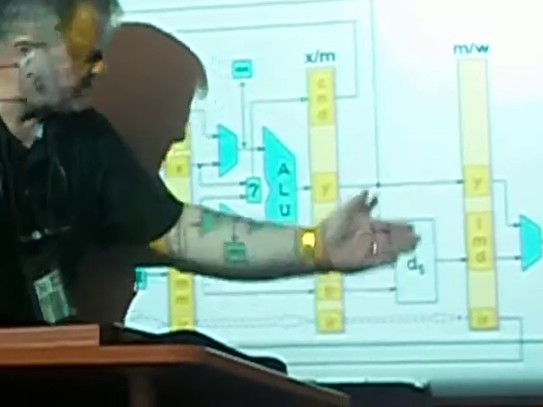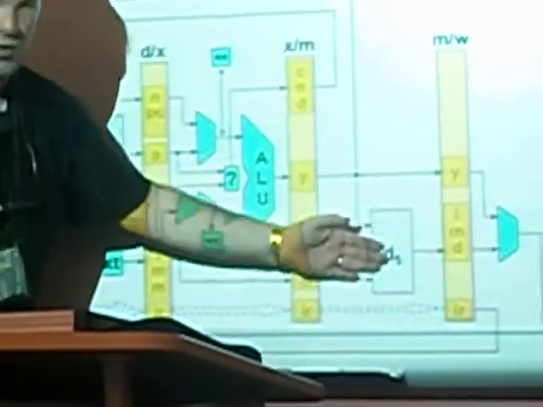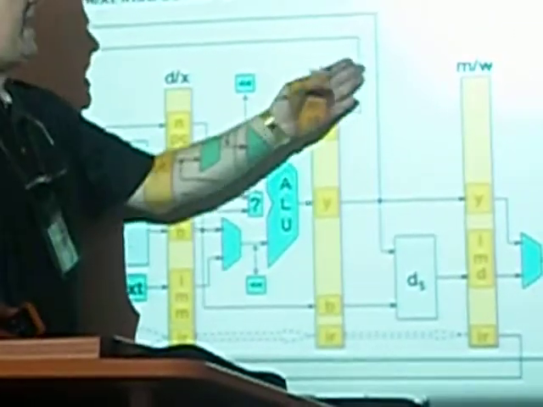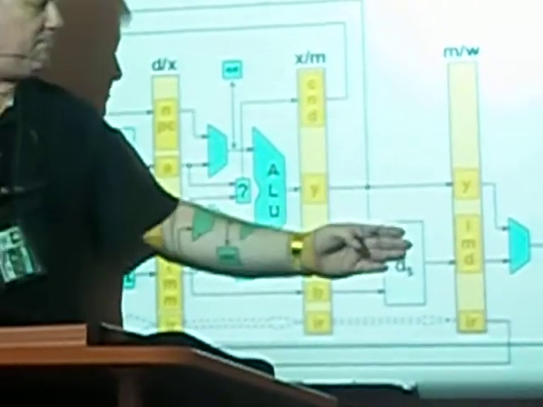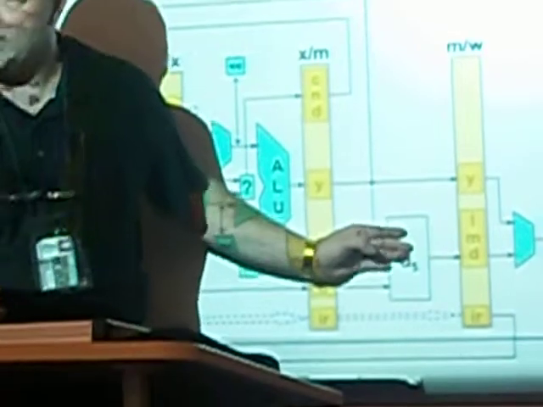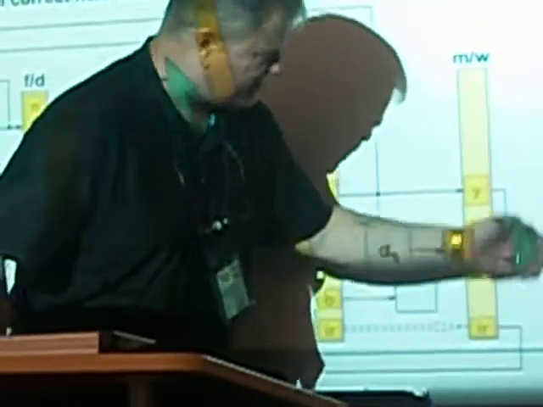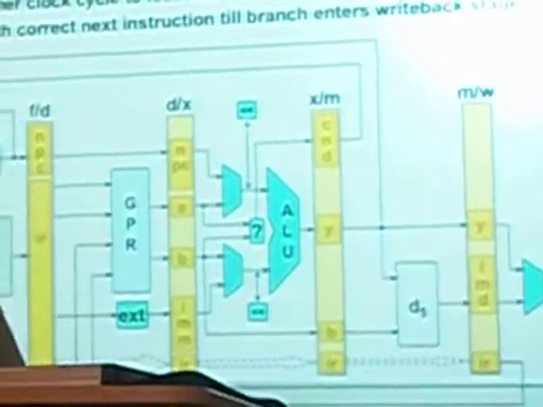So we can't even update the PC until the branch instruction enters the memory cycle. It takes a clock cycle to evaluate the condition and to update the PC, and therefore the earliest opportunity to fetch the next instruction is when the branch is sitting in the write-back stage. All right, so we need to know that.